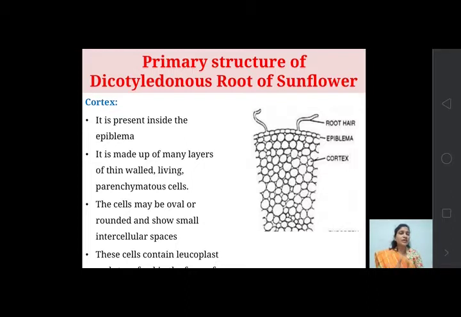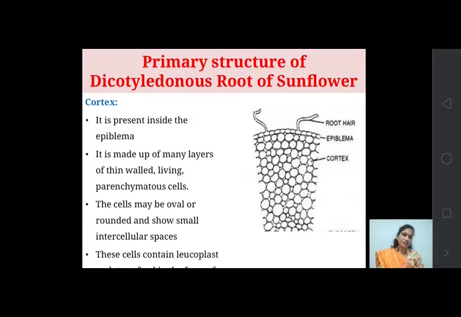This cortex is made up of many layers of thin walled living cells, that is parenchymatous cells. Only parenchymatous cells are present in the cortex region of the root. So only one type of tissue is present in the cortex region.